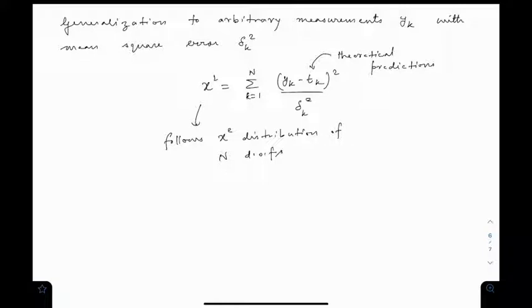For a large n of individual measurements, the central limit theorem applies, and we can relax the condition of normality. Then chi-square is approximately normally distributed with mean n and variance 2n.